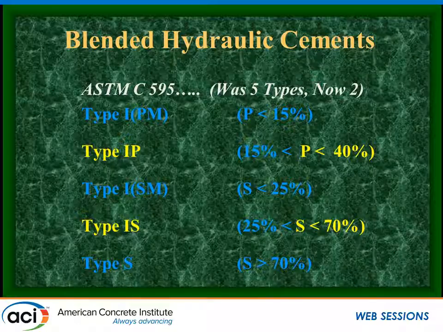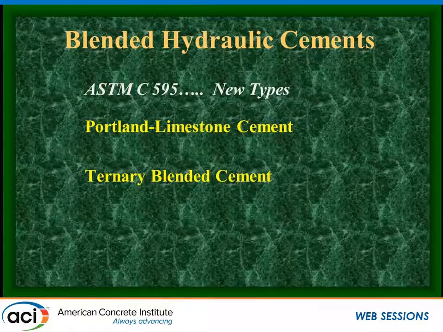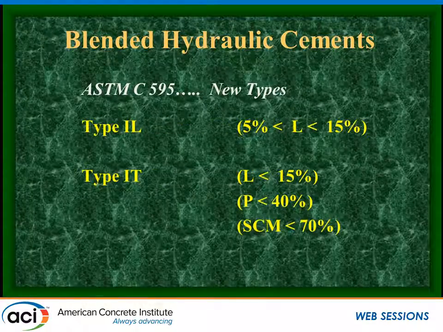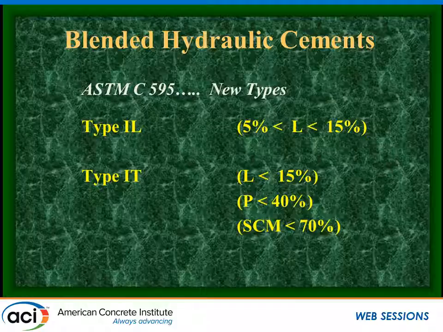And there are 2 new ones. There's Portland limestone cement and the ternary blended cement. Portland limestone, type 1L, can have from 5 to 15% limestone. And again, the percentage of limestone would be in parentheses behind the 1L. And type 1T, the ternary blends, we can have 2 other materials put with the Portland.